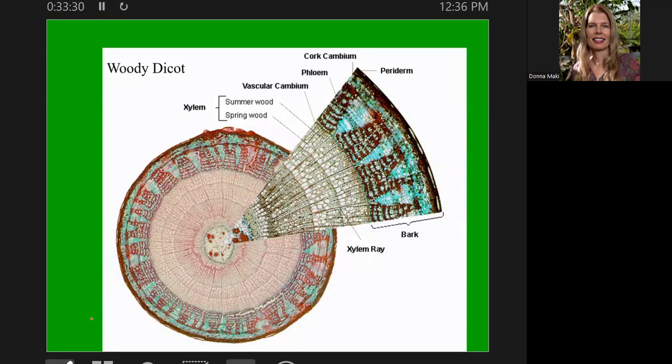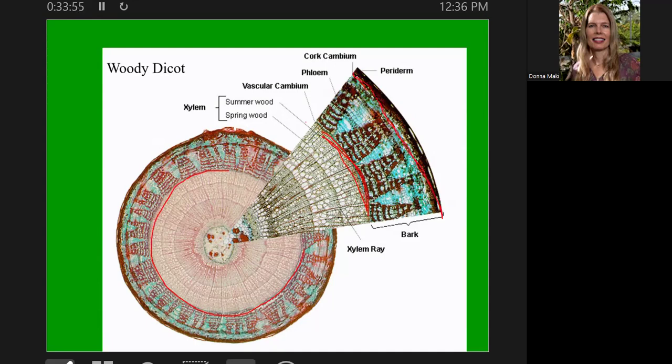So here is a nice depiction showing both. The vascular cambium is separating the xylem from the phloem. So it's right there. And then the cork cambium is a little further out.